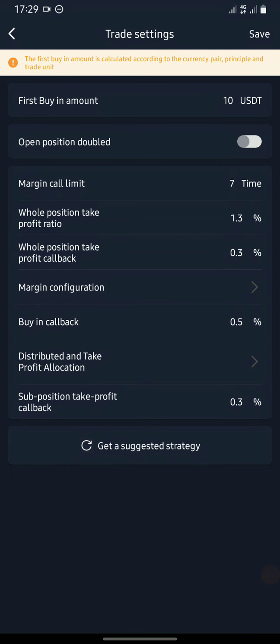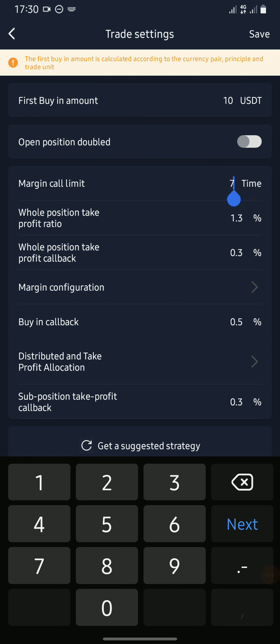You can see this is the default settings, but I want to set for $20 first. At least that should be the minimum for those that want to just test run like myself. When I started this, when I activated my robot, I tested it with $20. So I'm going to do $20 for the $20 package.